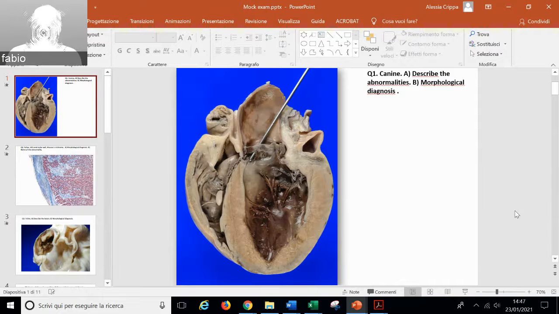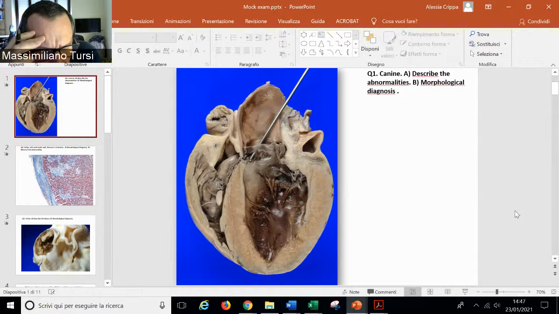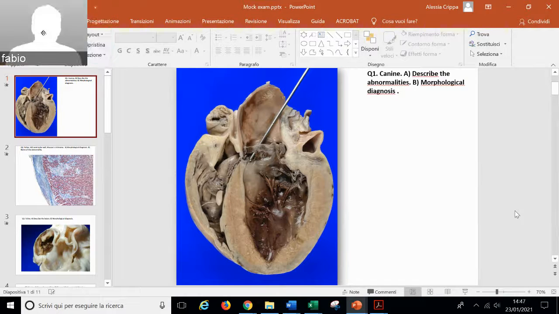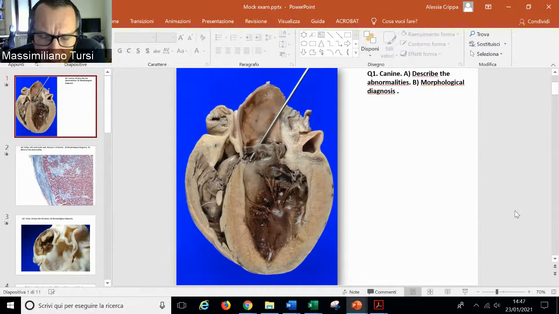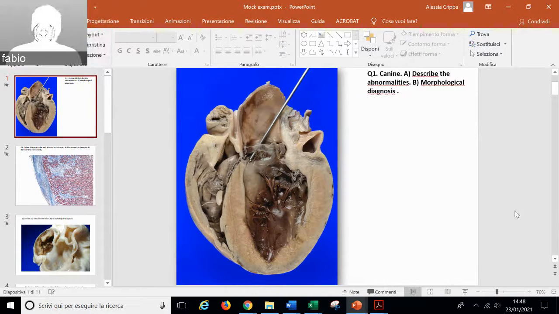Sure. And what about Fabio, what about the ventricle? Did you recognize the dilated cardiomyopathy? Well, to be honest, I thought there was possibly mild hypertrophy as well, but maybe not, looking at it now. Eccentric hypertrophy. I have to be completely honest, I thought it was concentric hypertrophy, but now looking at it, it doesn't look concentric. The discussion could be about dilatation and eccentric hypertrophy, but of course not about concentric hypertrophy.